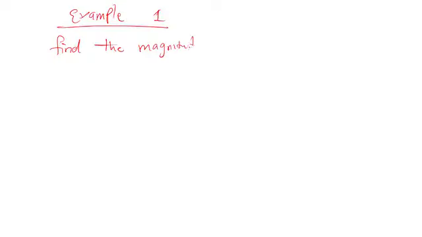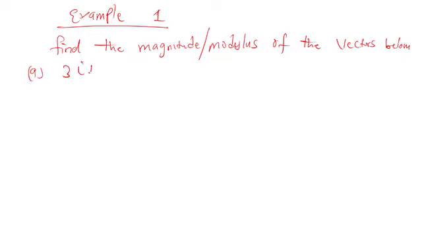Let's call this our example 1. You might be told to find the magnitude, you can still call it the modulus, of the vectors below. Let's say the first vector is a, 3i plus 4j.